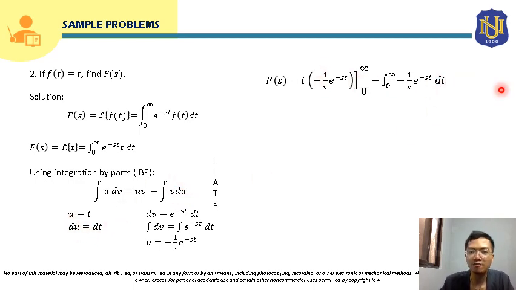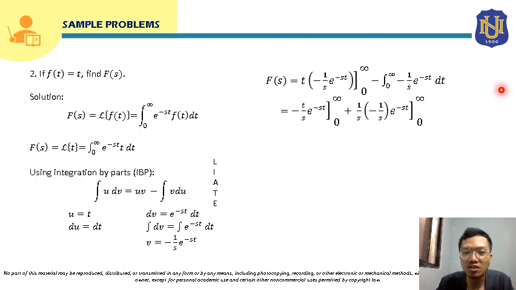Simplifying this further, this will just be negative t over s times e raised to negative st, which we will evaluate from 0 to infinity. And this will become positive, negative times negative, so positive integral of 1 over s e raised to negative st dt from 0 to infinity.